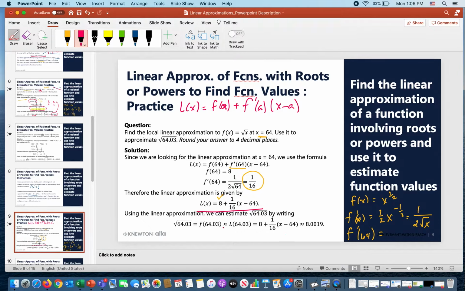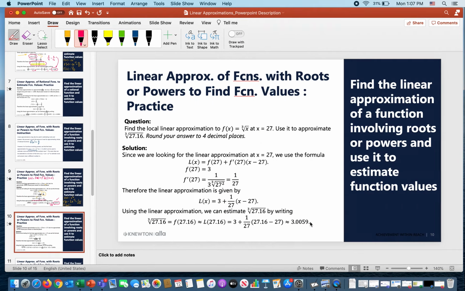I'm going to try to estimate the square root of 64.03, plugging that into the linearization. 64.03 minus 64 is 0.03, times 1/16, and then I'll add 8. This is what I'm getting as that approximation. Again, you can use your calculator to find the exact value, but we're just finding an approximation here, and so that works as our approximation.